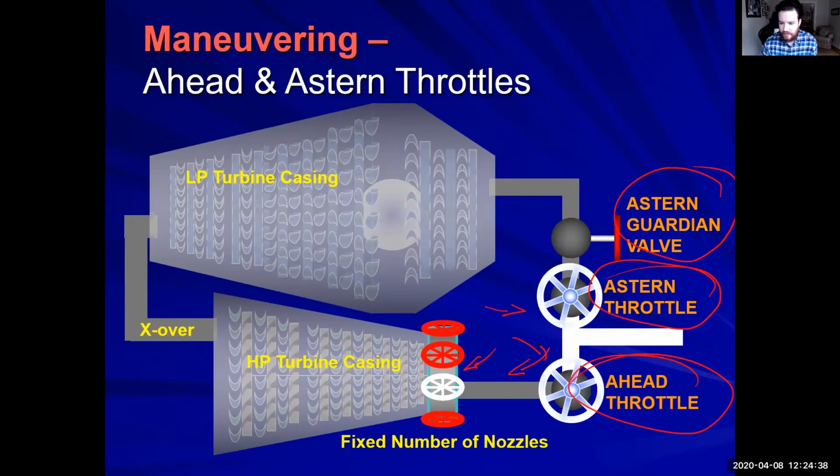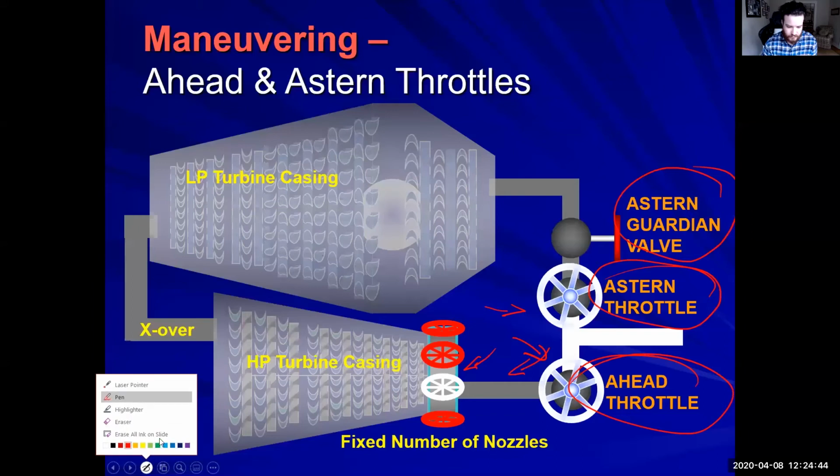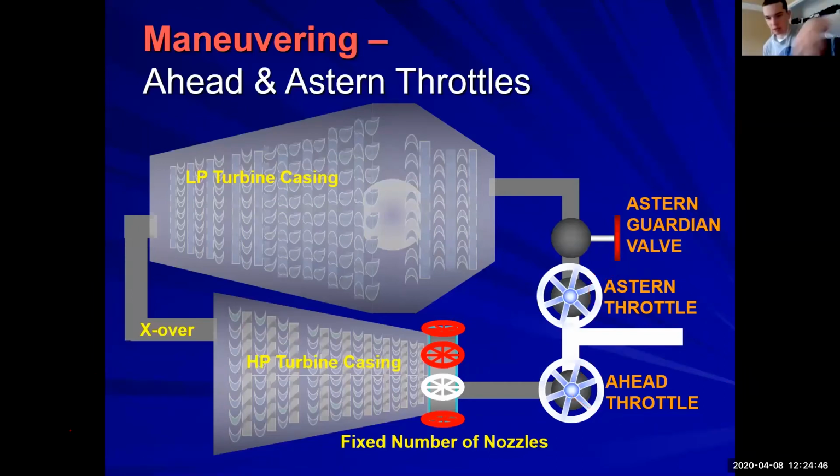All right. So where's the astern guardian valve? Is that right next to the throttle box to the left? It was like a huge one. I thought that was a Stern Guardian I saw. It's right next to it. It's like to the left, I believe.